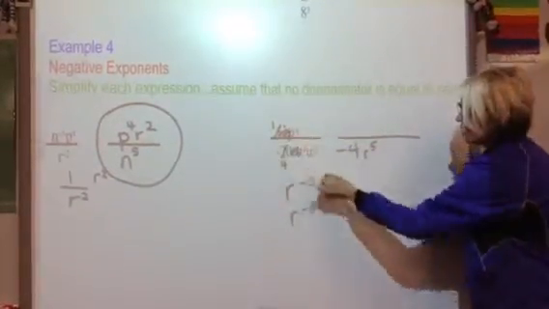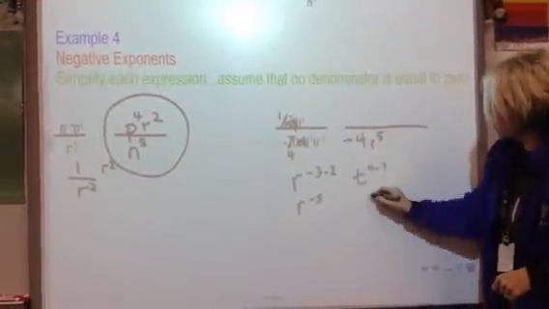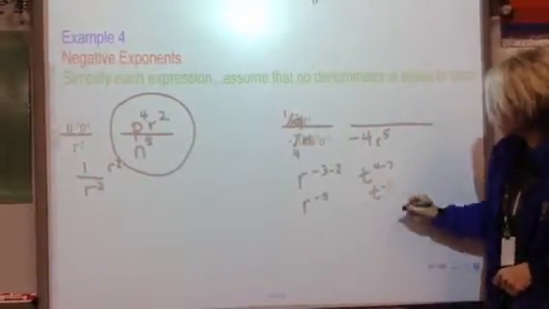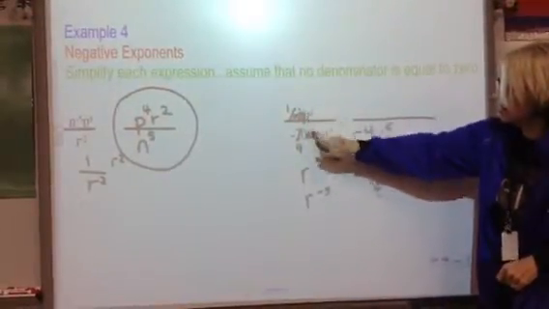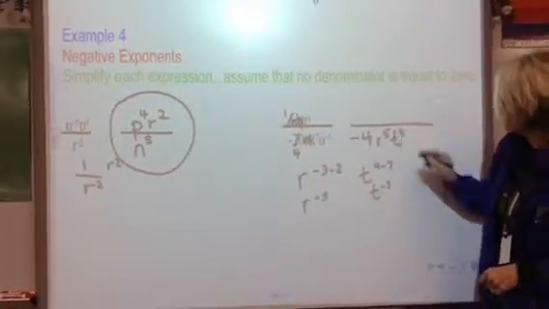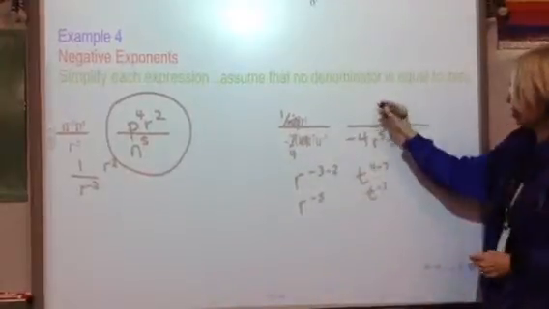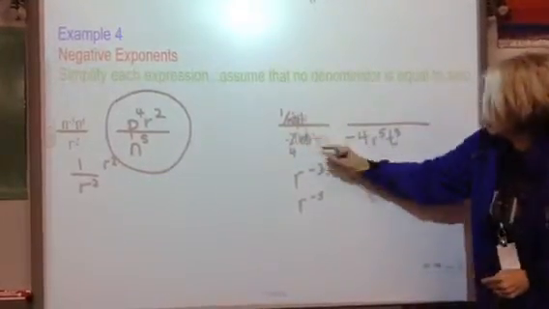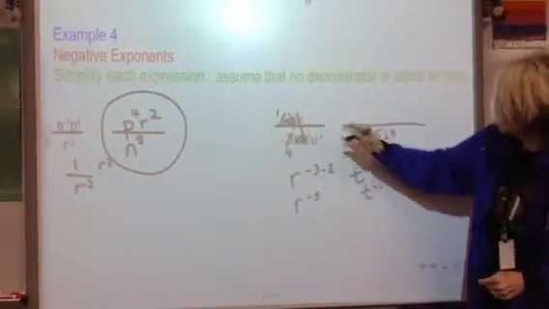Then I have some t's. I have 4 minus 7. So I have t to the 4 minus 7, which is t to the negative 3. So those t's that were sitting down here are actually going to stay down here. T to the negative 3 would be 1 over t cubed, so I still have a 1 up top. And then this u to the negative 5 is already in the denominator, so it's going to go to the top.